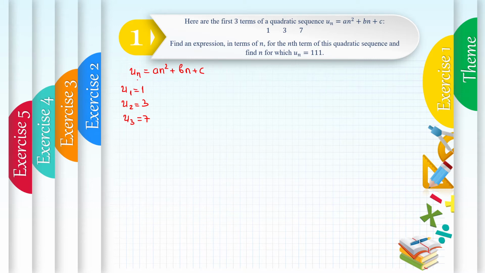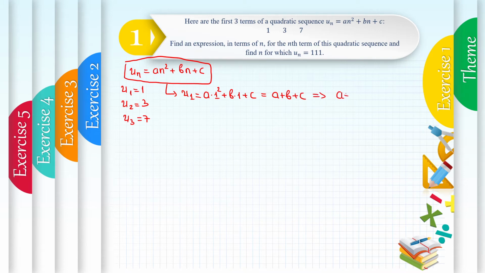So according to our formula, the first term, u1, will have the form a multiplied by 1 squared plus b multiplied by 1 plus c, which in fact gives us a plus b plus c. And from the condition, we have that a plus b plus c should be 1 because the first term of our sequence is 1.